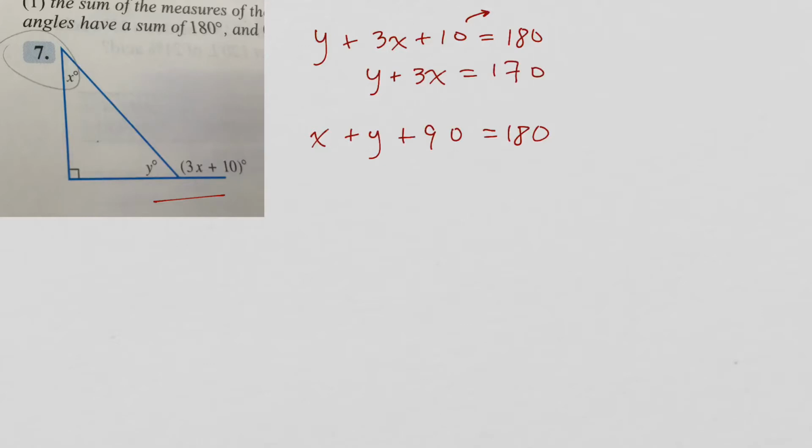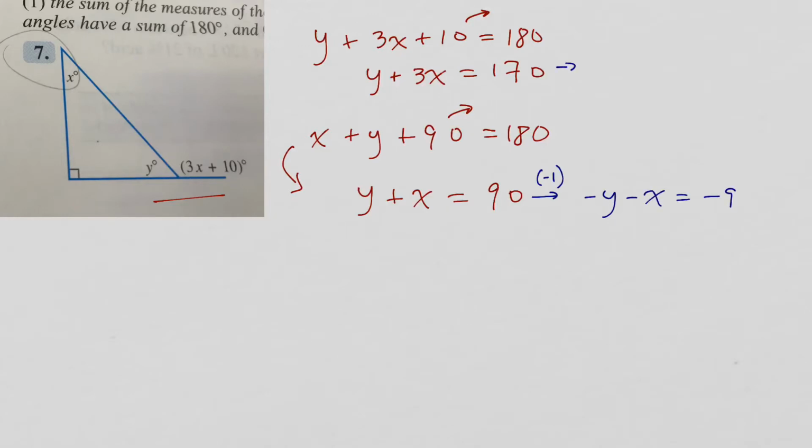And this one I'll write as y plus x is equal to, when I bring this over to this side, I get 90. Now I can add these two together. I'm going to multiply this one by -1, and I'll get negative y minus x equals negative 90.